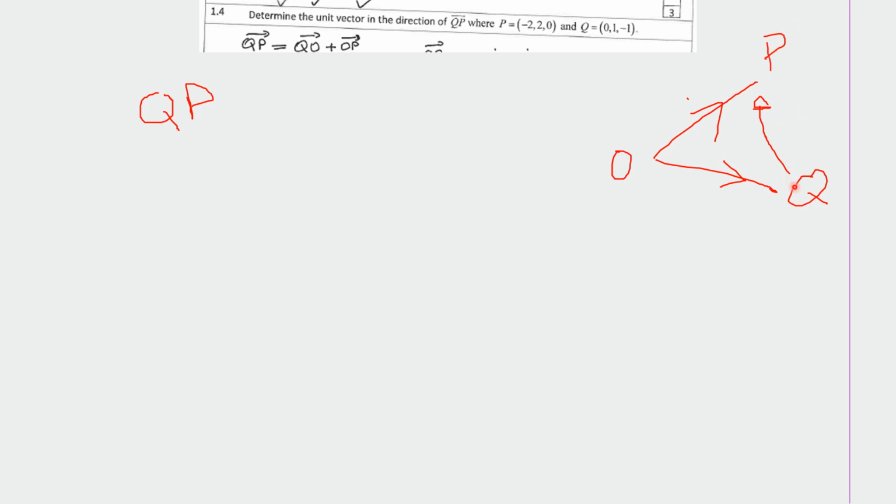And then the resultant will start where everything started and end where everything ended. So now our resultant QP will be equal to, it starts here at Q, QO plus OP.